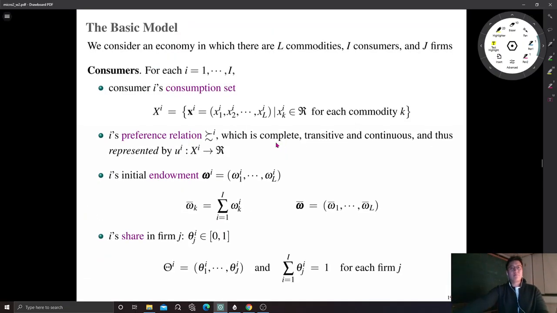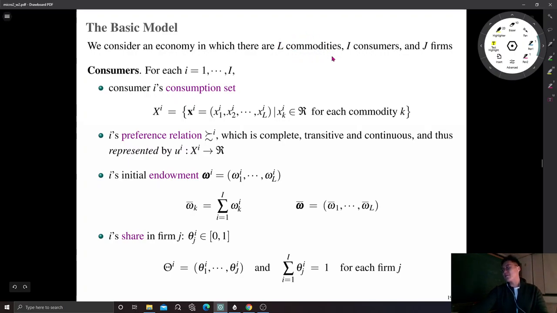All right, so the model. The economy consists of L commodities, I consumers, and J firms. These economic agents interact with each other: the consumers have L commodities, and firms also produce some units using some inputs.